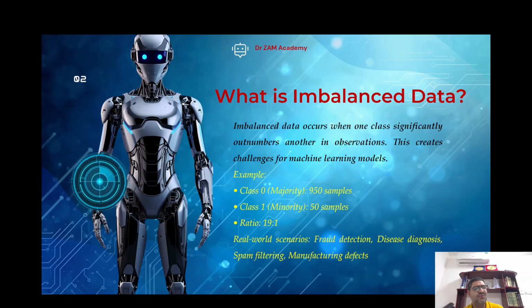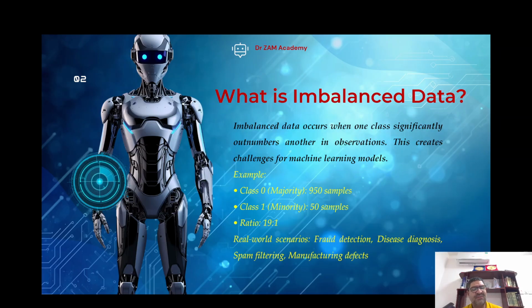And there is class 1, which is the minority class, having 50 samples in total. The ratio in this case comes to 19:1, because for every 19 class 0 majority samples, there is 1 class 1 minority sample. So 19:1 is a huge imbalance in the data.